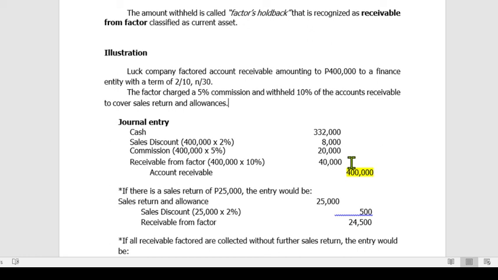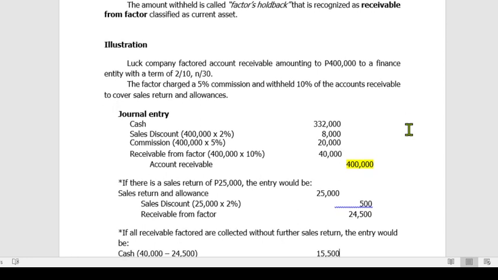So, 400,000 times 10% is 40,000. Eventually, kung wala namang magsusoli dyan, ay matatanggap mo yan kay factor. Next, may 5% commission daw. So, 400,000 times 5% is 20,000 commission. Next, the sales discount is 400,000 times 2%, that is 8,000. So, magkano na lang ang marereceive mong cash? 332,000.